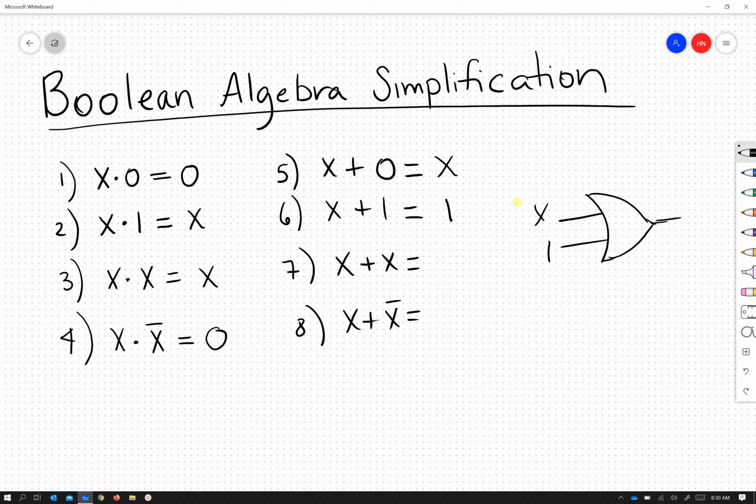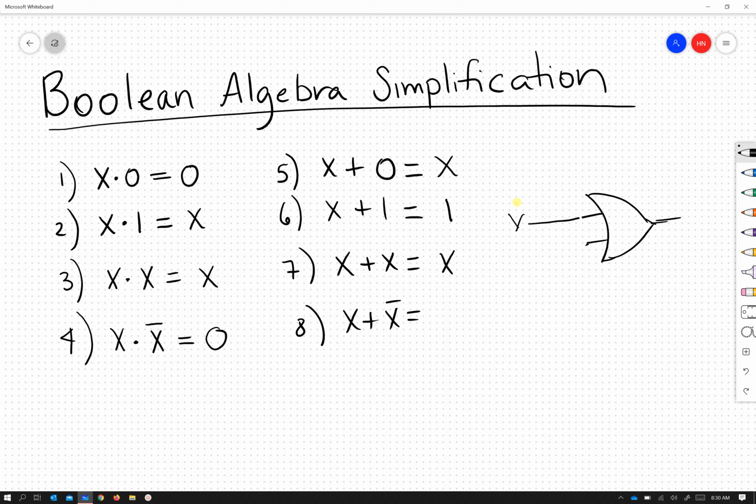Okay, now rule number 7 says that if you have X on both inputs, so that one, I think it's obvious that the output is just going to follow X because if it's 0, the output's 0. If it's 1, the output's going to be a 1. So it just follows it. This last one on this row is if we have opposites.